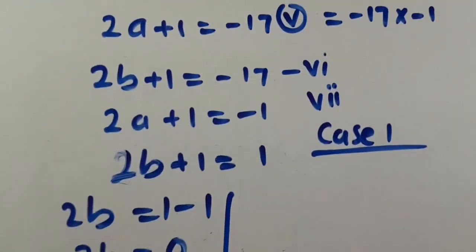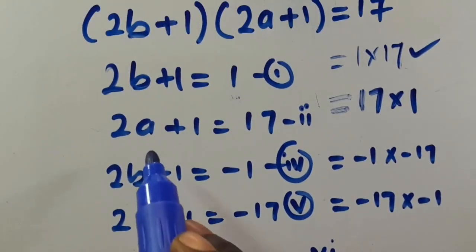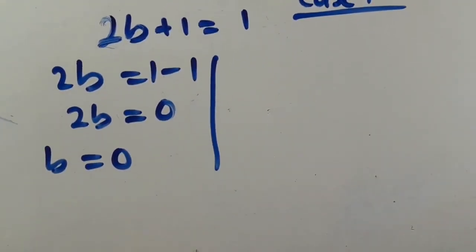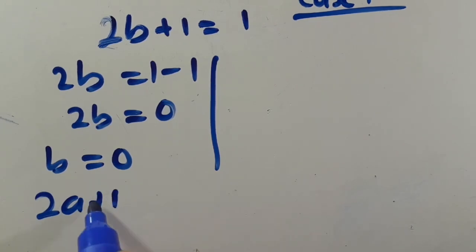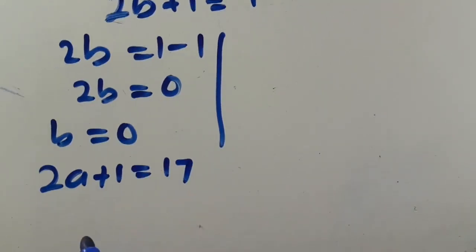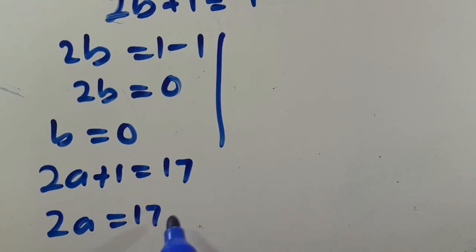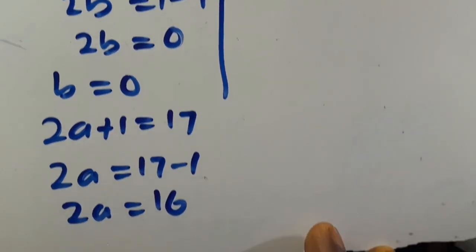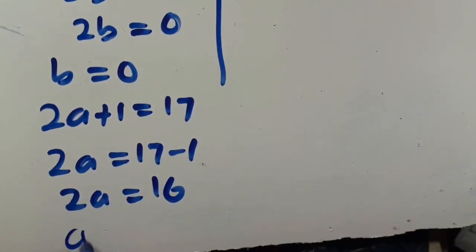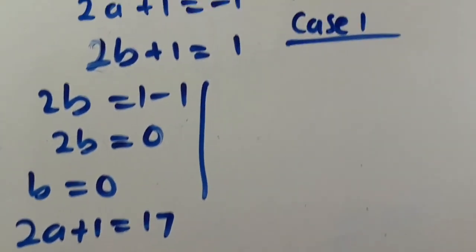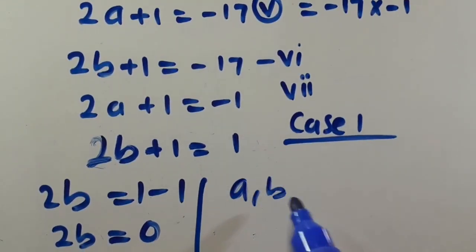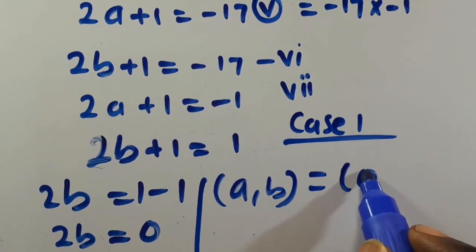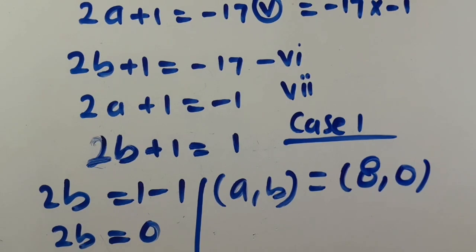Likewise, we also have 2a plus 1 to be equals 17. Then 2a will be equals 17 minus 1, and we have our 2a to be equals 16. From here, when divided by 2, we have our a to be equals 8. So for the first one, we have a comma b to be equals 8 comma 0.